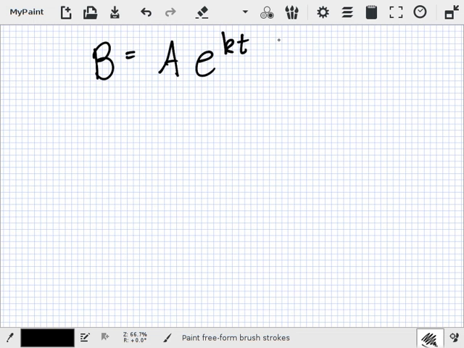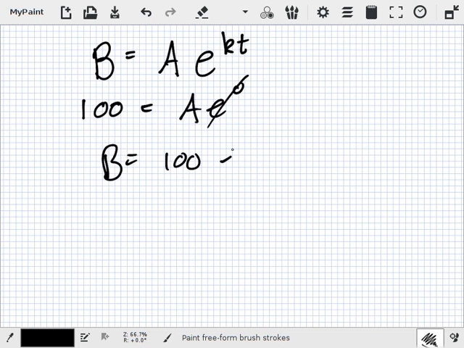At the start of the year, the balance is £100, and at the end of the year, it's £103. So at the start of the year, the balance is £100. So A ends up being 100 then. And then at the end of the year, the bank balance is £103.